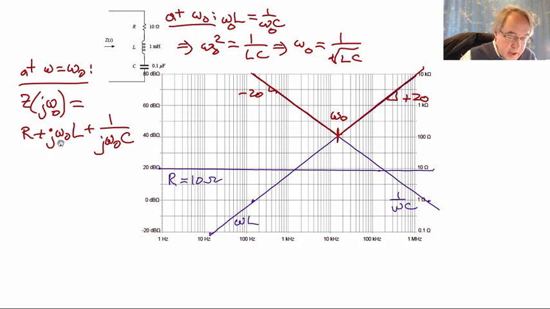We can simplify it by looking at these omega naught L and omega naught C quantities. At omega naught, omega naught L equals 1 over omega naught C. This is in fact the value of the asymptotes at the corner frequency omega naught. That value we classically call the characteristic impedance R naught. R naught is defined as the value of the asymptotes, which we could write as either omega naught L or 1 over omega naught C.